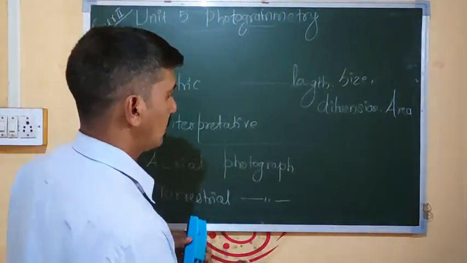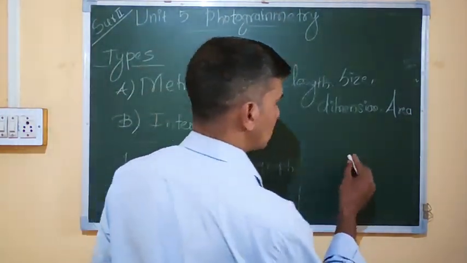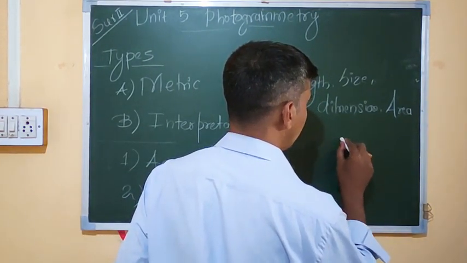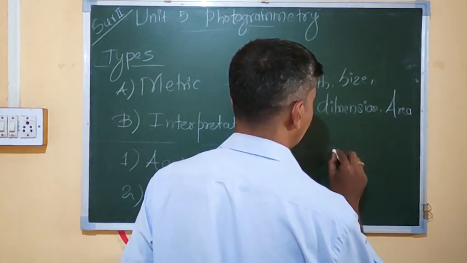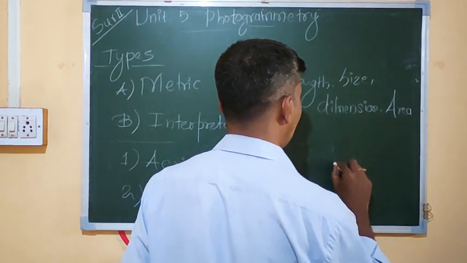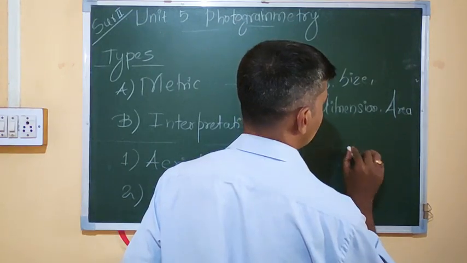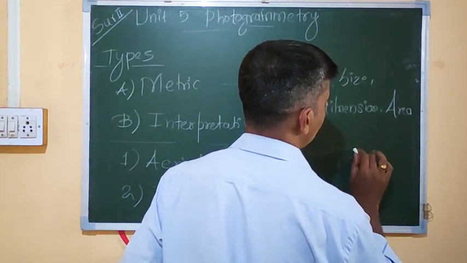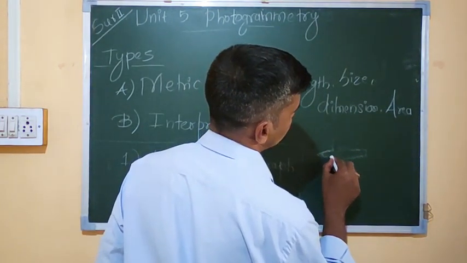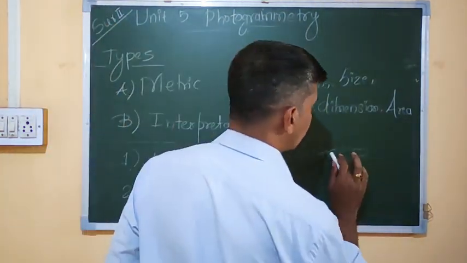If I would like to draw a figure of aerial photographs, it will be like this. Suppose this is an aeroplane, moving at a particular height from the ground, and it contains a camera over here.